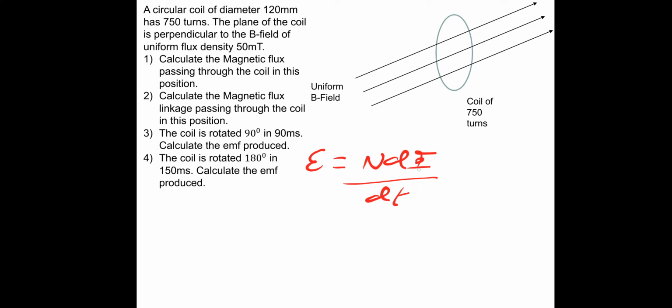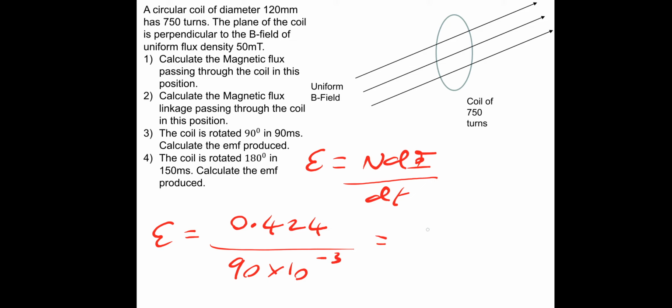So the change in flux is BA times N, which is just the flux linkage from answer 2, divided by the change in time. So the EMF will be equal to 0.424, that's the flux linkage from part 2, divided by the change in time, 90 milliseconds, so 90 times 10 to the minus 3. So that gives an EMF of 4.71 volts.